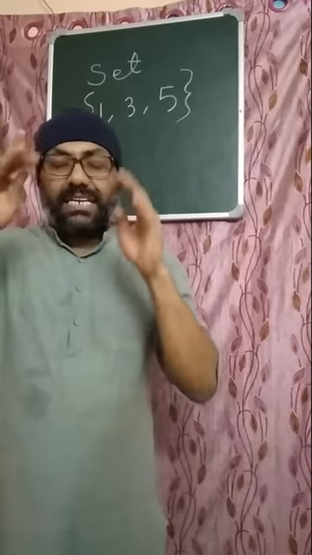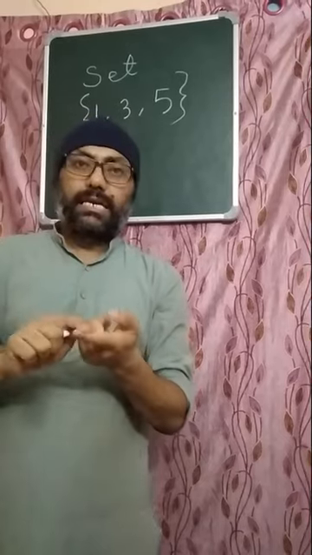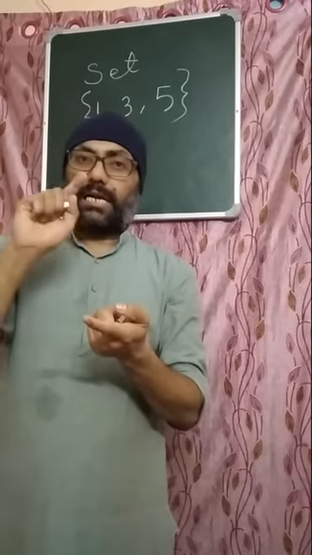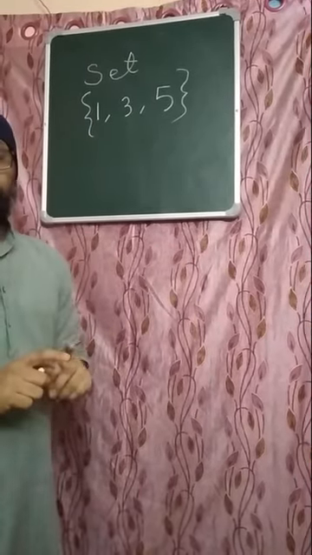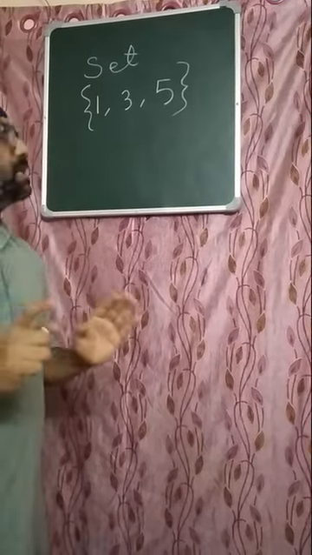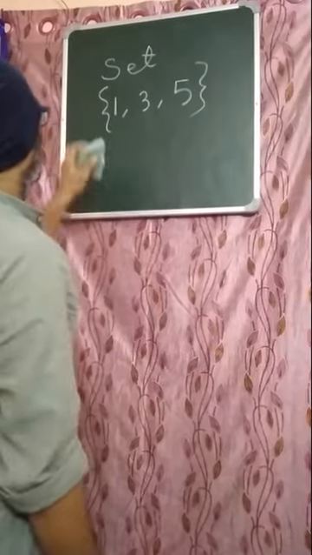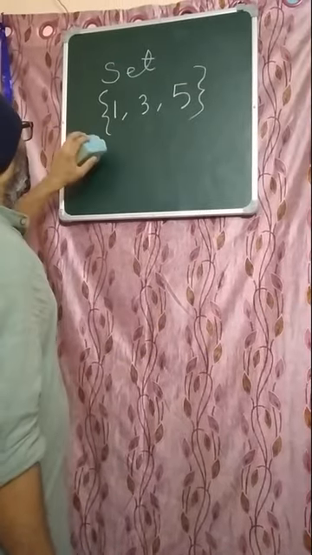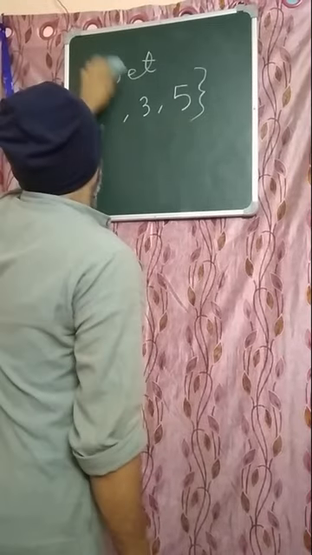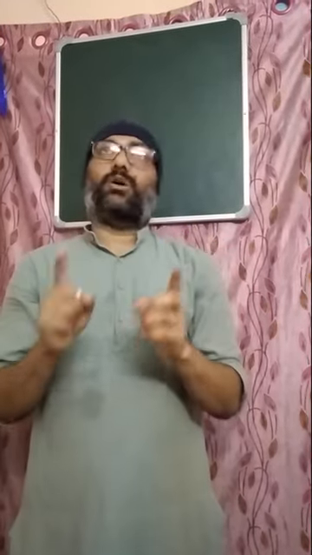It can be definitely said what elements are contained in the set. So I think you have got an idea about what is set. Objects of the set are called elements of the set or the members of the set.